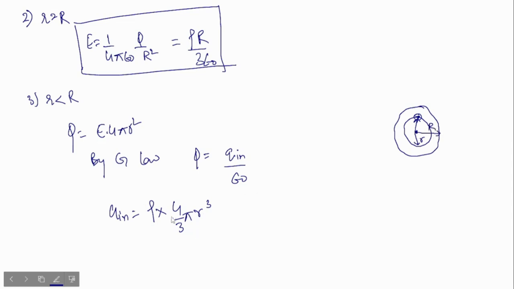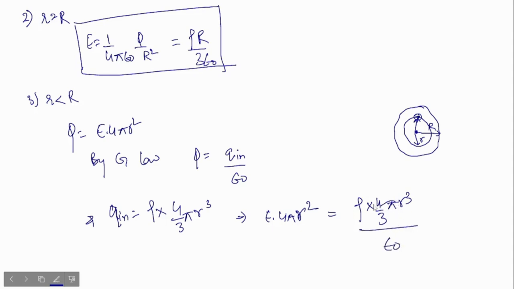So you need to substitute this Q enclosed here, and you'll get the electric field. So E into 4 pi r square, after this step, is equal to the flux, and Q enclosed is rho into 4 by 3 pi r cube, upon epsilon naught.